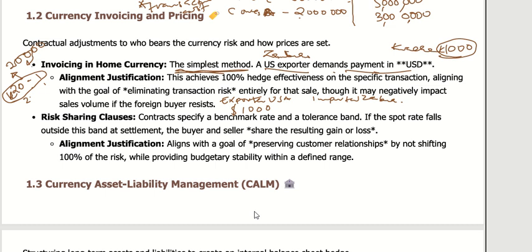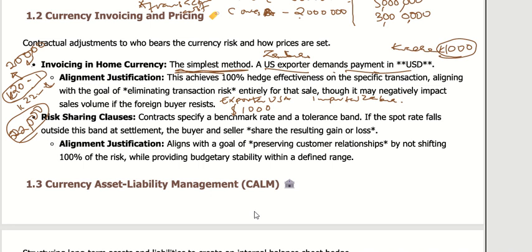But if the Zambian currency depreciated to 22, then it means now that I have to pay 22,000 kwacha. But effectively what I'm paying is $1,000. Only that for me, I am now having to spend more kwacha to buy those dollars that are needed. So the risk has come to me, but not to the exporter.